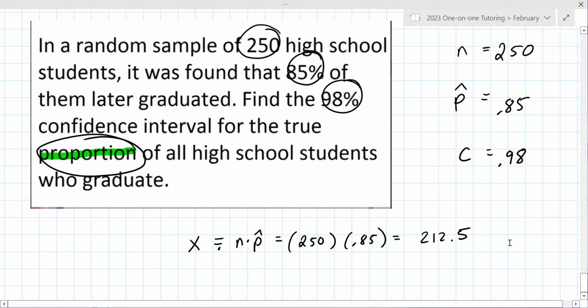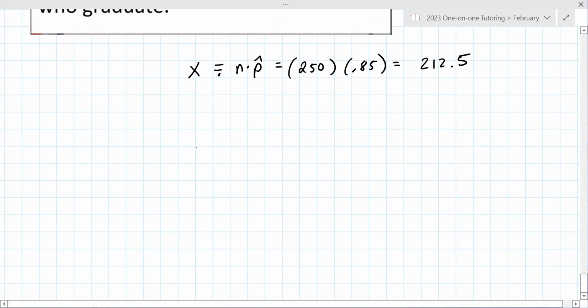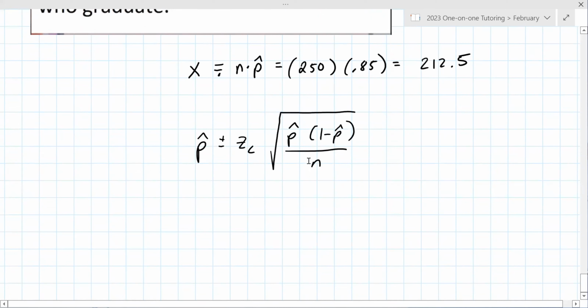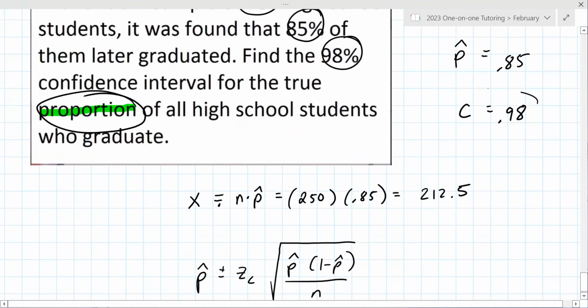So this is where you have to use the formula by hand. The formula is p hat plus or minus zc times the square root of p hat times 1 minus p hat over n. You have p hat and you have n. You don't have the zc. Remember from last night, you have to do something to find the zc. Do you remember where that is?